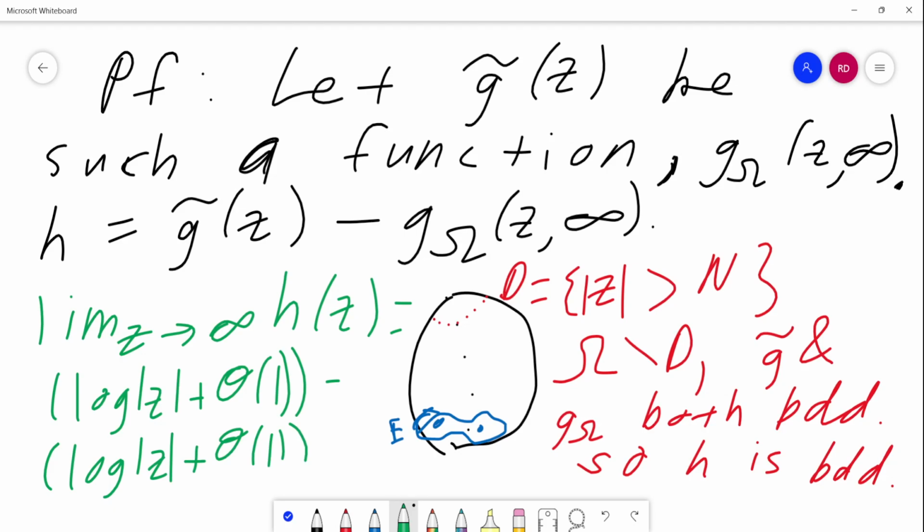That is to say, they both are dominated by the log part. Since we're subtracting, it will cancel out, and it'll give us big O of 1. The O of 1s are not necessarily the same number, but they are a constant. So, h is bounded on D. The logs cancel out, and so somewhere near infinity, this converges to a constant, so it's bounded on that as well. Therefore, h is bounded on omega.